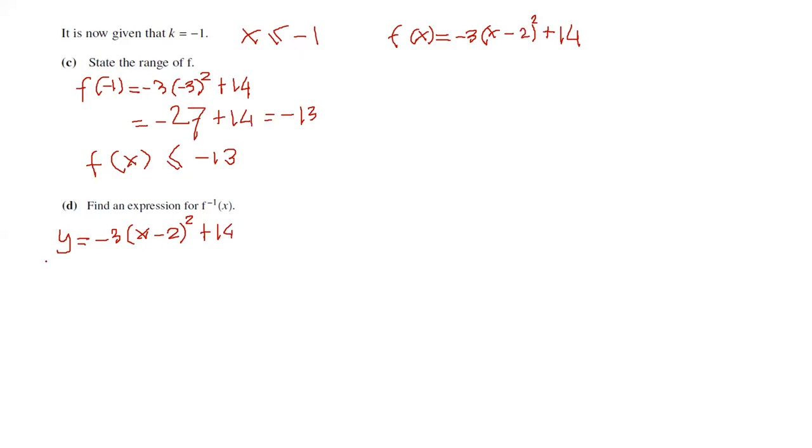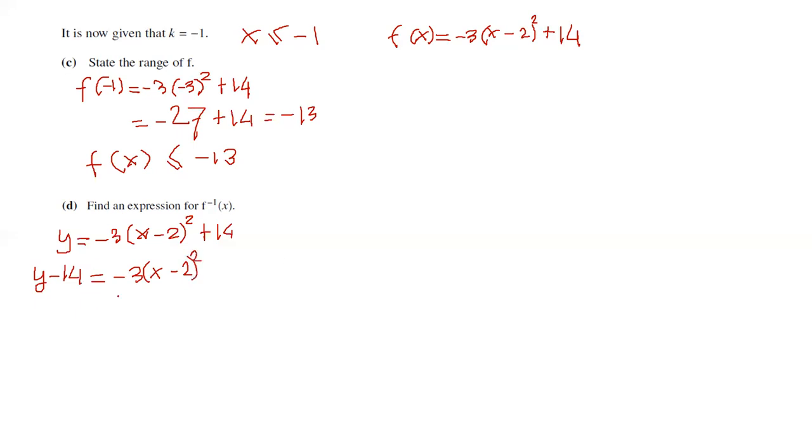If I rearrange, it becomes y minus 14 equals negative 3 (x minus 2) squared.